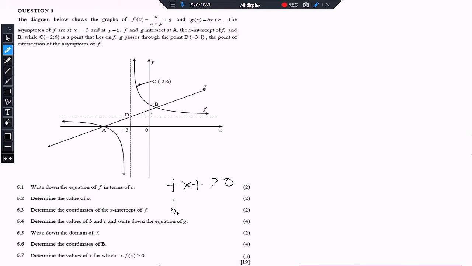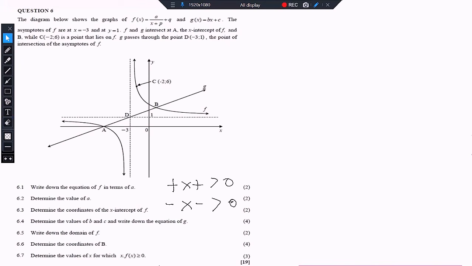And then if you have a negative multiplied by a negative, it will also give you a value that is greater than 0.